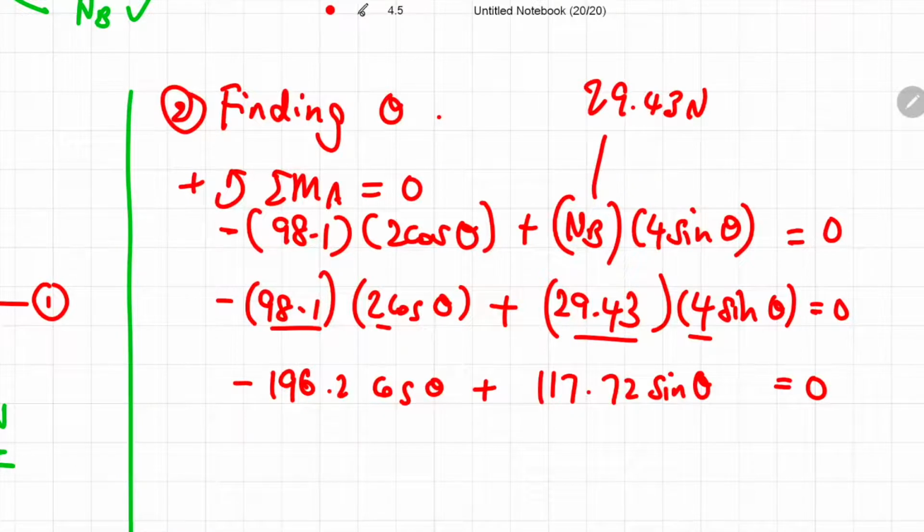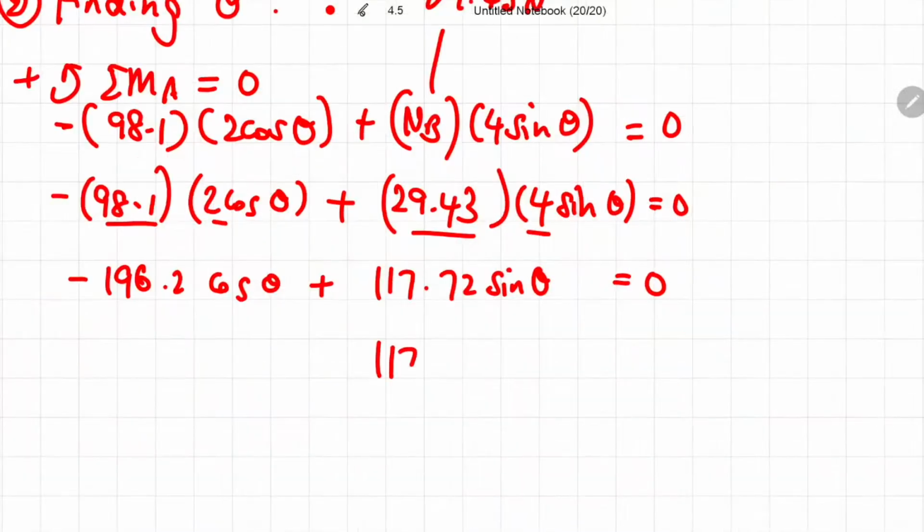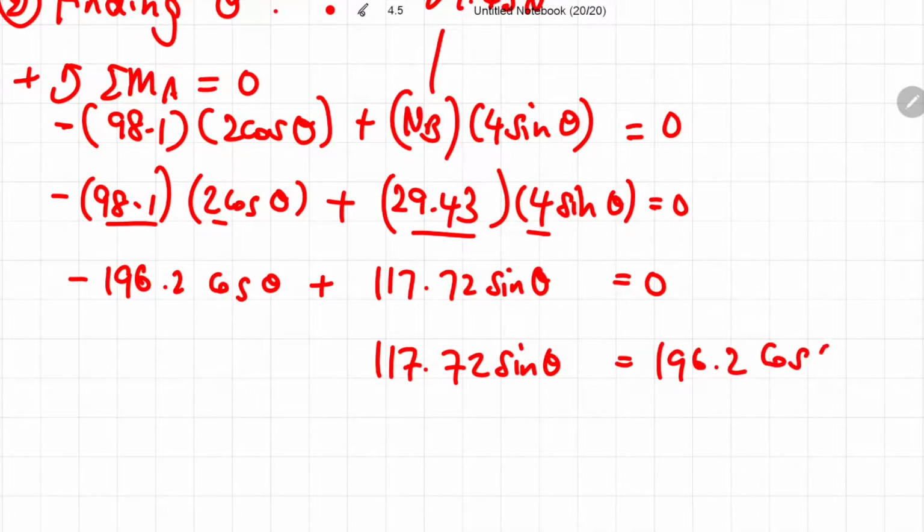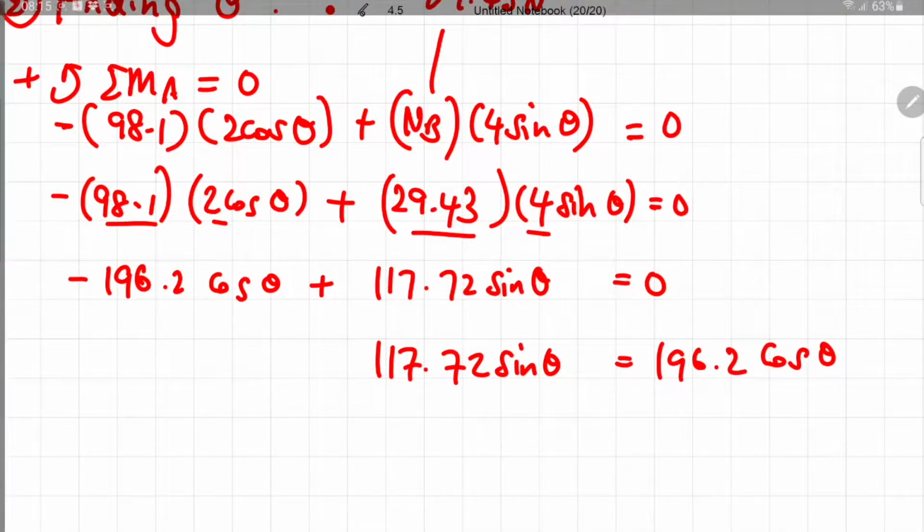So we are going to apply the same technique as the previous example. Every time you see sin theta and cos theta, you can imagine you can convert it into an equivalent tangent theta. Let me put this 117.72 sin theta on the left side of the equation, and the 196.2 cos theta on the other side.